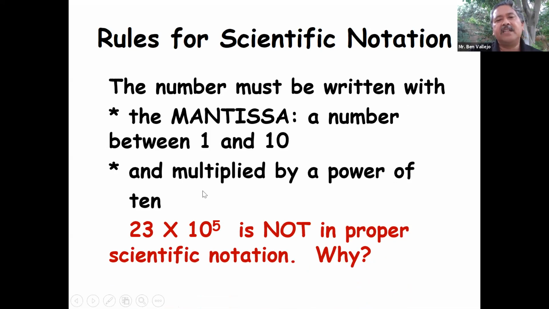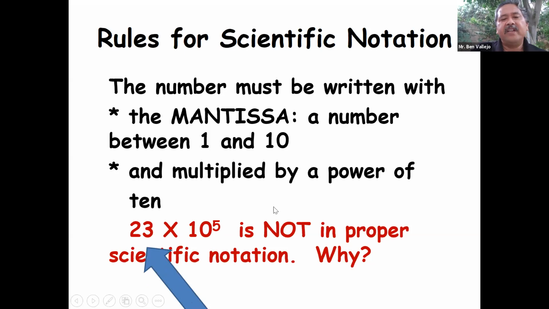Again, the mantissa is a number that has to be between 1 and 10, and it's multiplied by a power of 10. So we always have an x and we have a 10. But this exponent is going to tell us how many zeros we have. So again, it says the number must be written with the mantissa, a number between 1 and 10, and multiplied by a power of 10. The power is right here as an exponent, a power of 10.